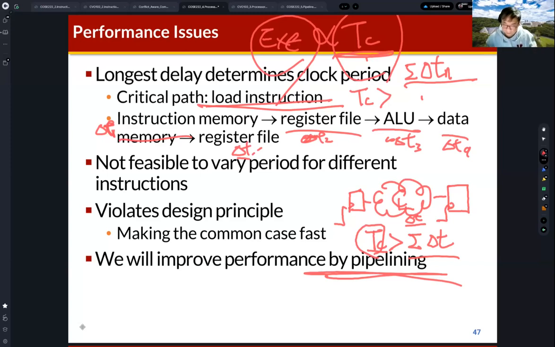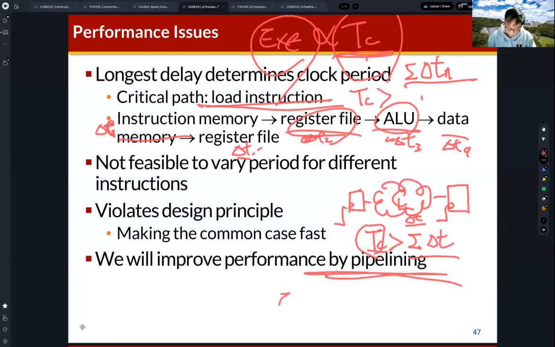When we calculate the critical path, the longest delay of the single cycle processor, it is the sum of the delays of the instruction memory, register file, ALU, data memory, and register file write. So this is very long.